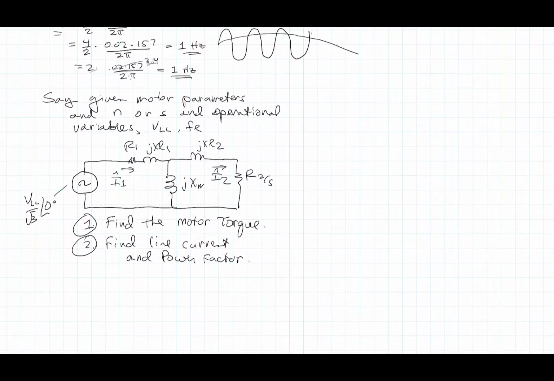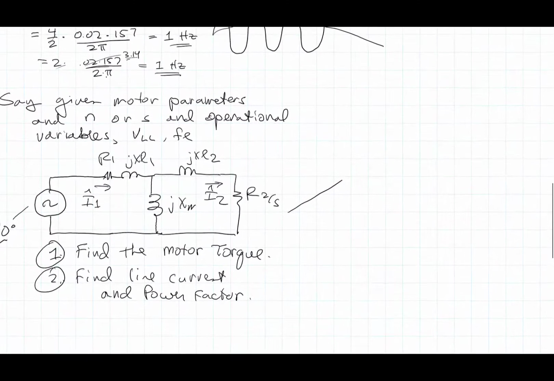So the way you'd go about solving this, just to review what we showed in the last lecture, is that the first thing you would do is find I1 by looking at the circuit terminal properties.